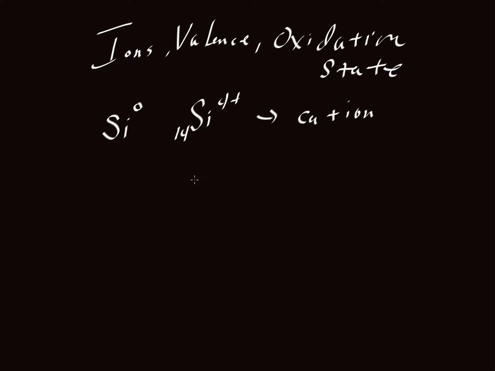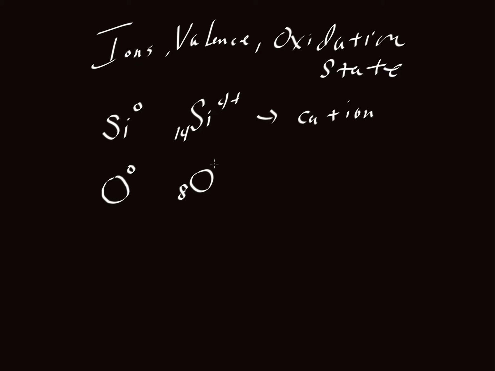allowing it to be then a cation, as we've discussed. And then there are elements that can take on electrons, like oxygen. So again, oxygen is very rarely ever in the neutral state. Oxygen has 8 protons in its nucleus, as we've discussed in other videos. It has to be 8, otherwise it's not oxygen, just like silicon has to have 14 protons, otherwise it's not silicon.